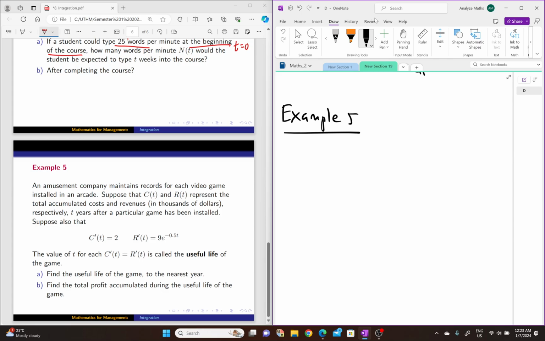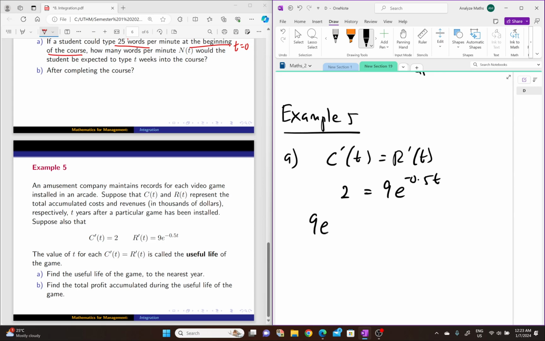Okay. Find the useful life of game to the nearest year. So what is useful life of game? It is when C'(t) is equal to R'(t). C'(t) is 2, R'(t) is 9.